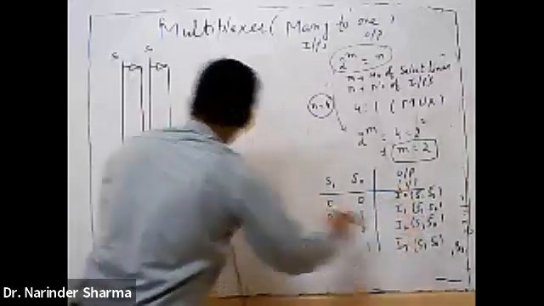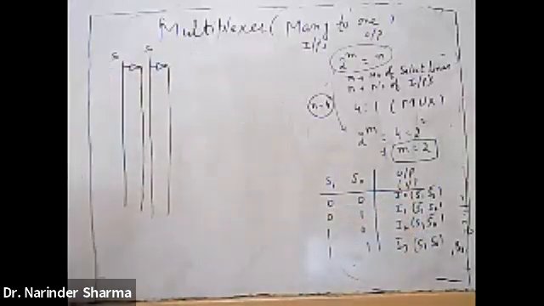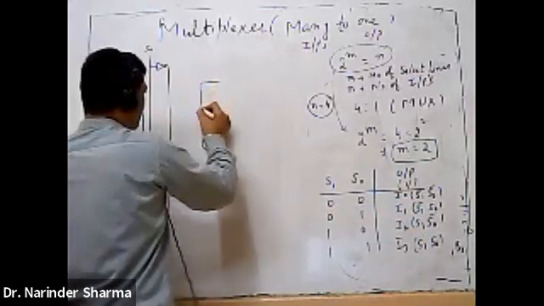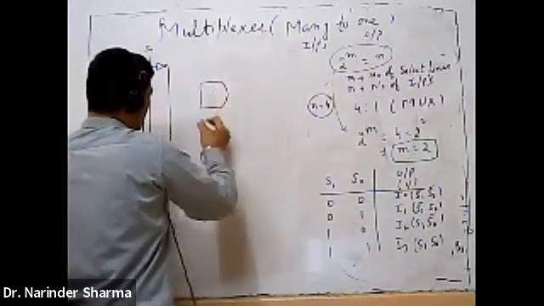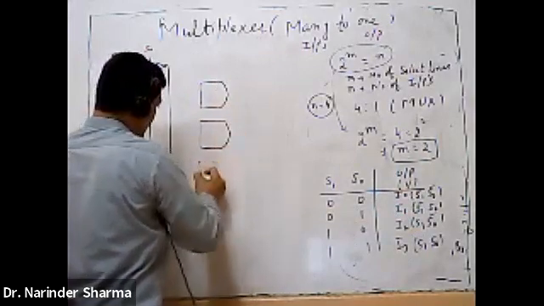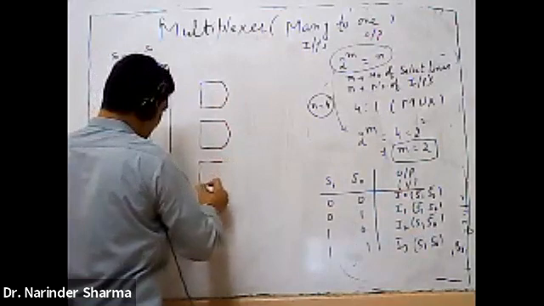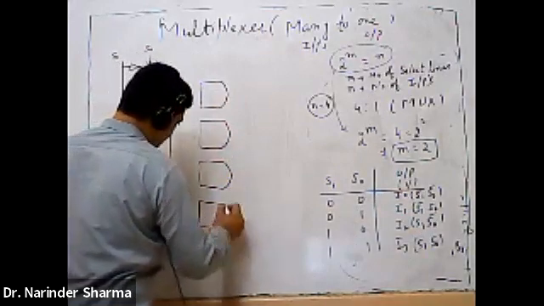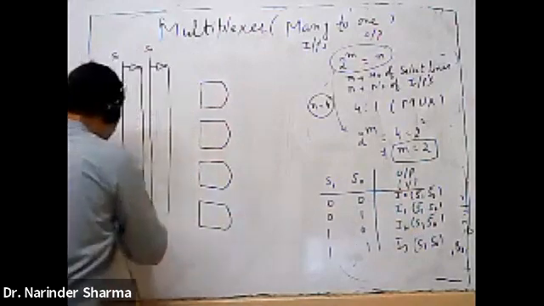There are 4 inputs, so 4:1. Apply 4 AND gates: 1, 2, 3, 4.